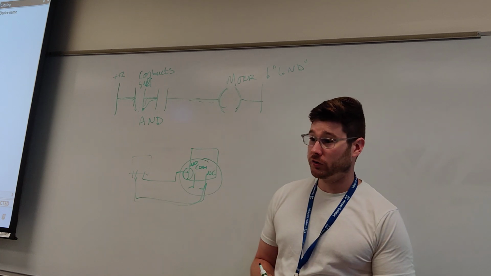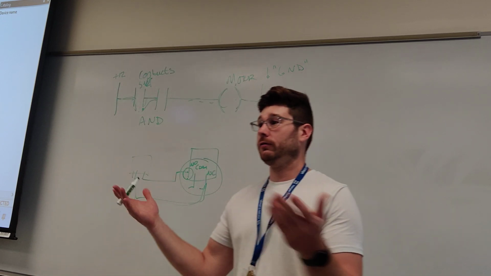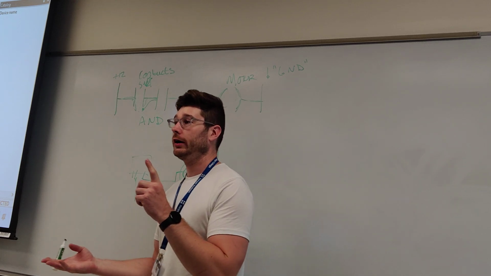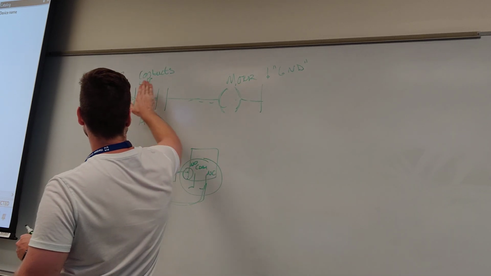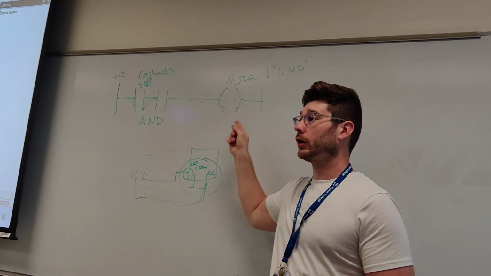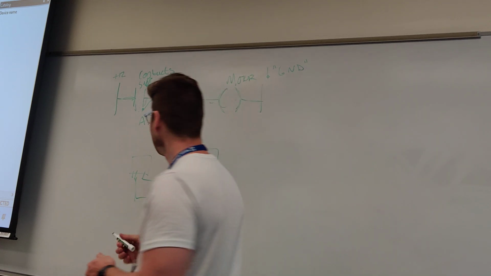For example, say this green LED was only on if everything was okay. If we didn't have overpressure, if our temperature was okay, if all of those elements were switched on saying that they're okay, our green light will be on. That's one example of how we use AND logic.